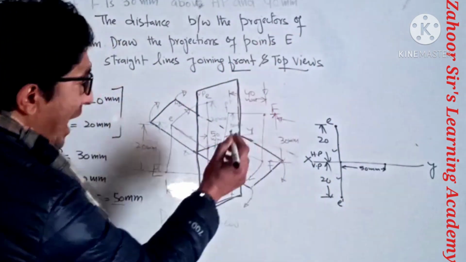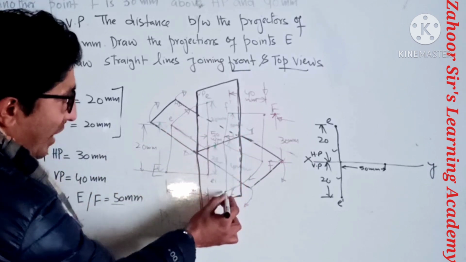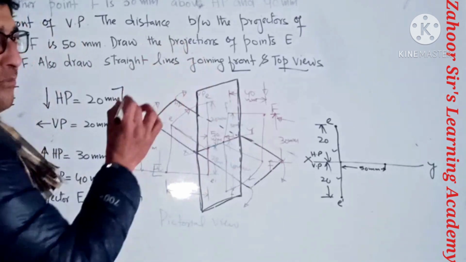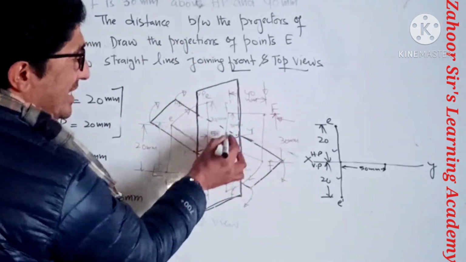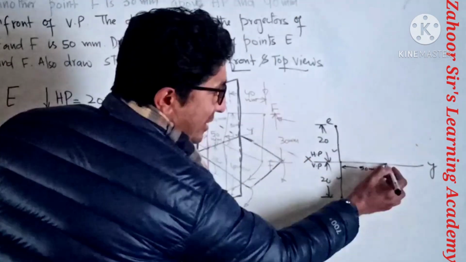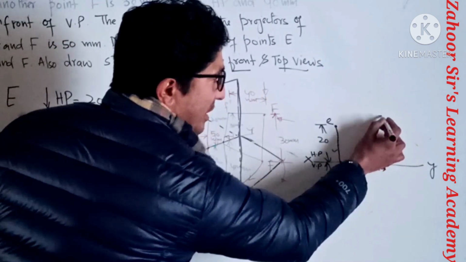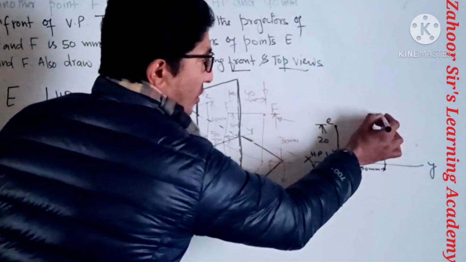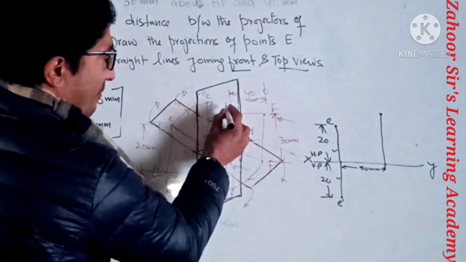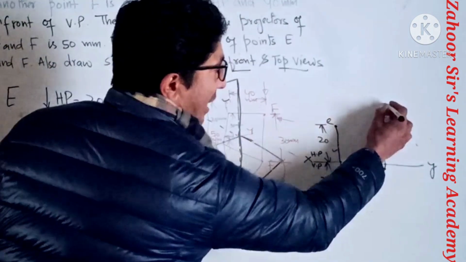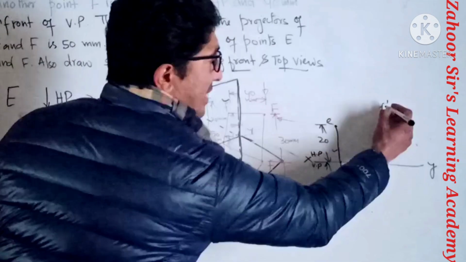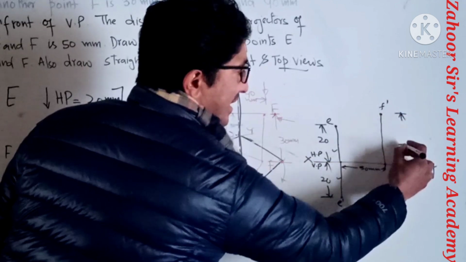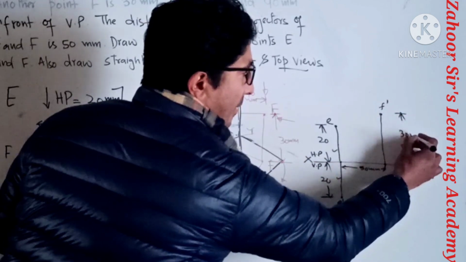Now here I have to make the F line. It is very much clear from this point to the front view of F, how much is it? It is 30 mm. So I can measure 30 mm from this point to this point and draw a projector. And the front view is F prime, and this distance is 30 mm.